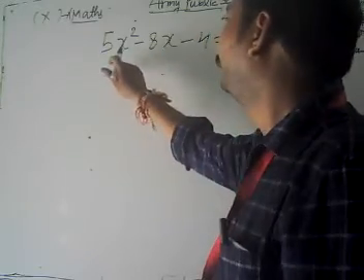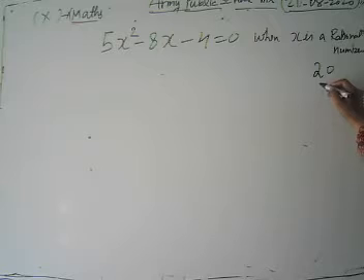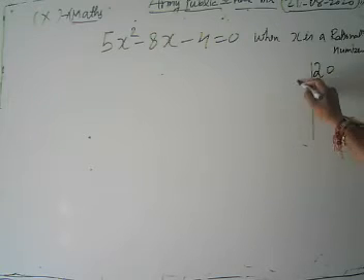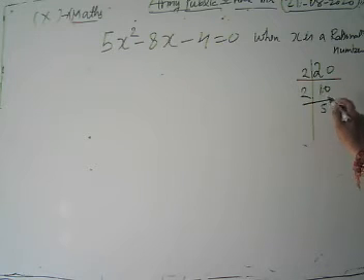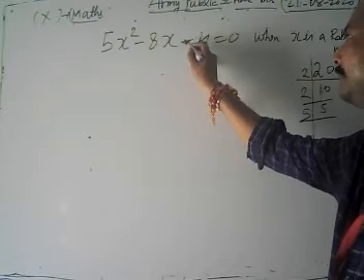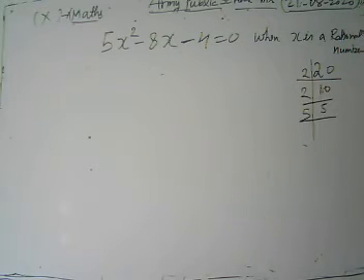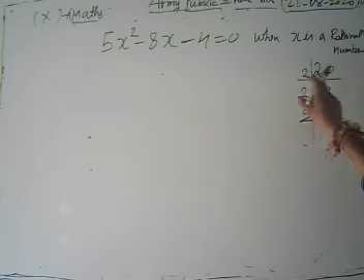Again, we are going to take the product of 5 and 4. 5 into 4, what do we get? We get 20. Then the prime factors of 20 are 2, 2 and 5. The sign of c is negative. Then we have to make two numbers whose difference is 8 and product is 20.